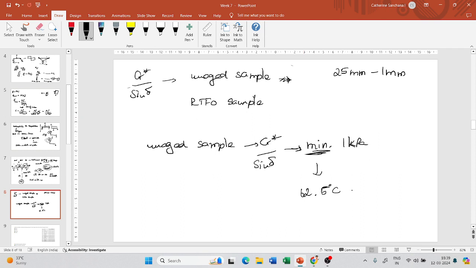So this is my pass fail temperature, or continuous grade, of bitumen. It is the exact pass fail temperature.